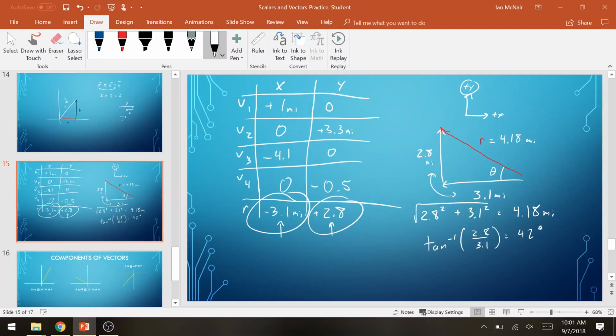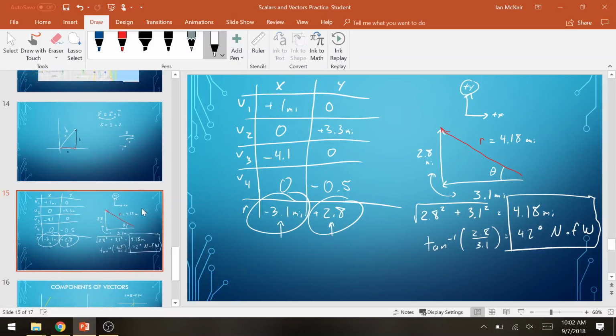Which cardinal direction? North, south, east, or west? Where do we start the angle at 0? Not north. Not east. It should be north of west. And so this is our full description of our R vector.